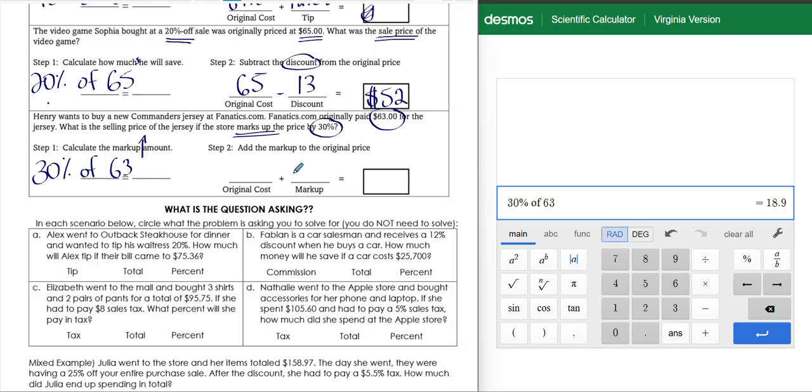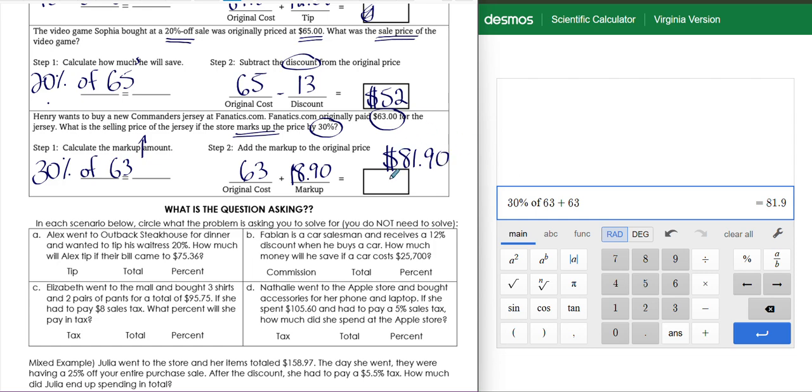So we're increasing the price, or Fanatics.com is increasing the price by $18.90. It originally cost $63. Now we can add those together and find the final price is $81.90.